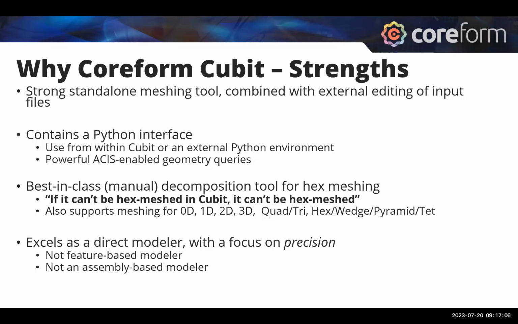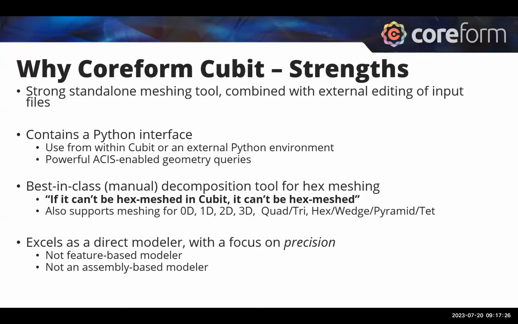The amount of decomposition and cleanup tools that Cubit has means you can pretty much mesh anything, if it can be meshed at all. But it's not just about hex meshing. We also support meshing 0D, 1D, 2D, 3D, quads, tris, hexes, wedges, tets, and pyramids.